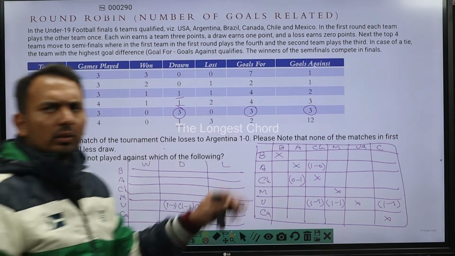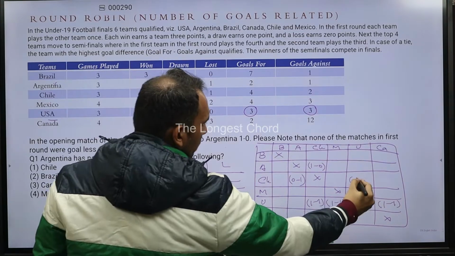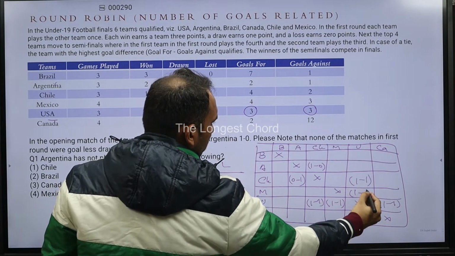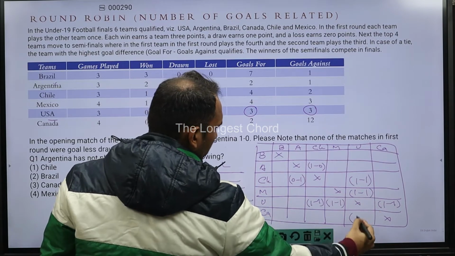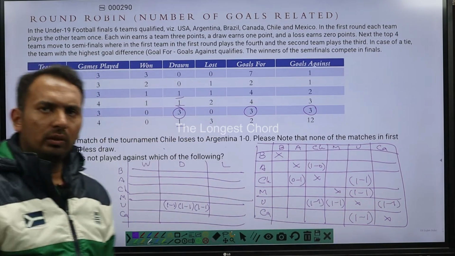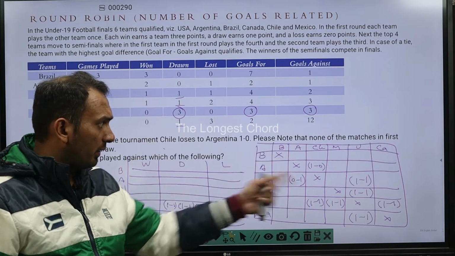And we can assemble it column-wise also. This will be 1-1, this will be 1-1 and this will be 1. So some part of this particular table we are already getting.